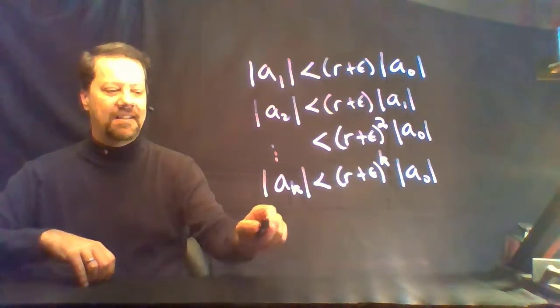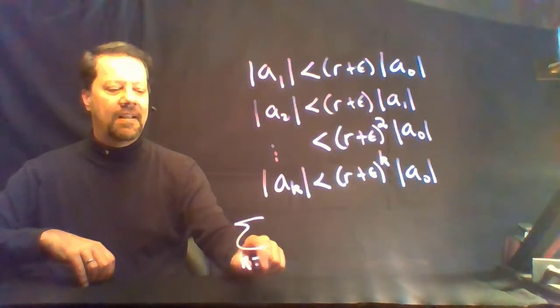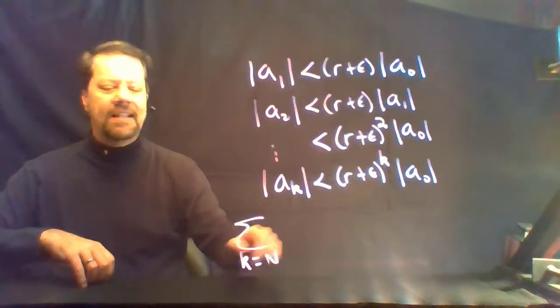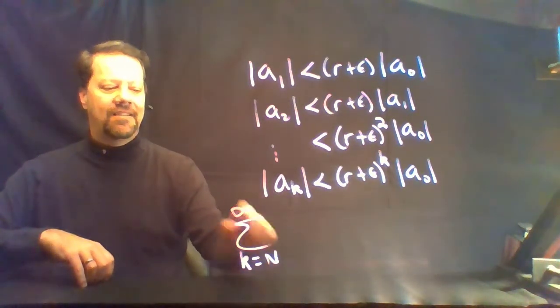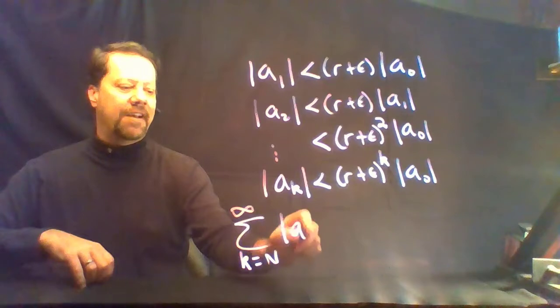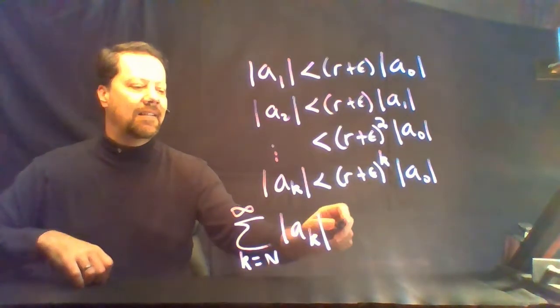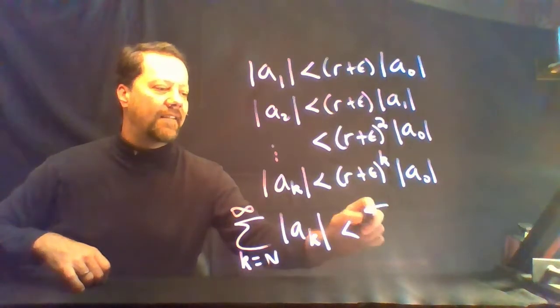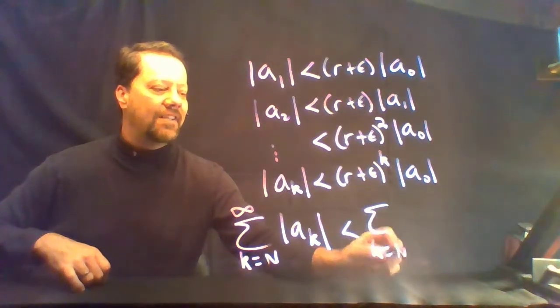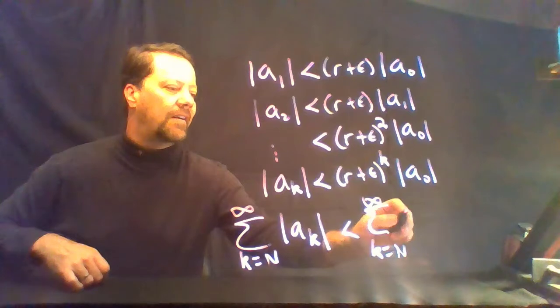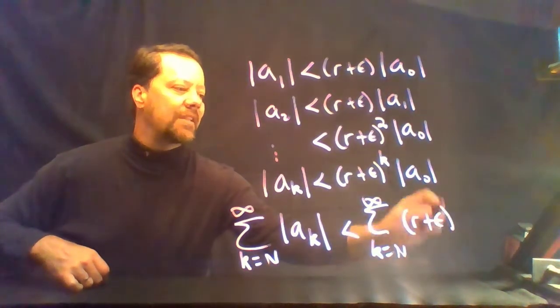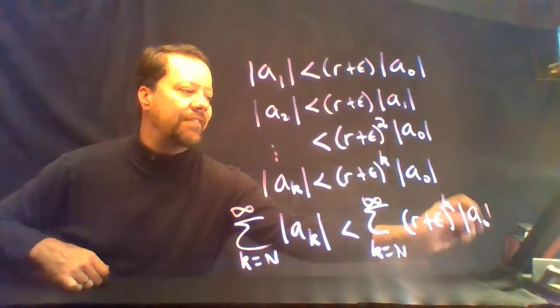It follows then that the sum, as k goes from at least N to infinity of the absolute value of a_k, adding up in the tail at least, is going to be smaller than the sum, as k goes from N to infinity, of (r plus epsilon) to the power k times the absolute value of a naught.